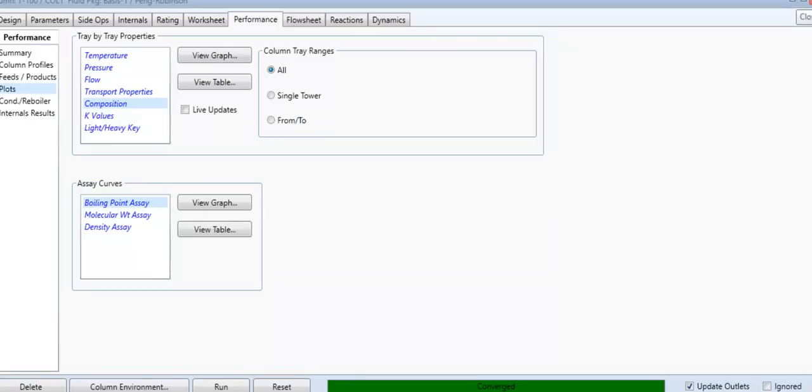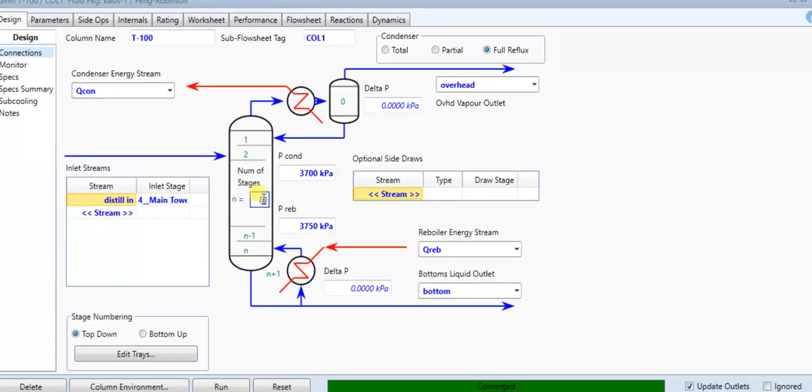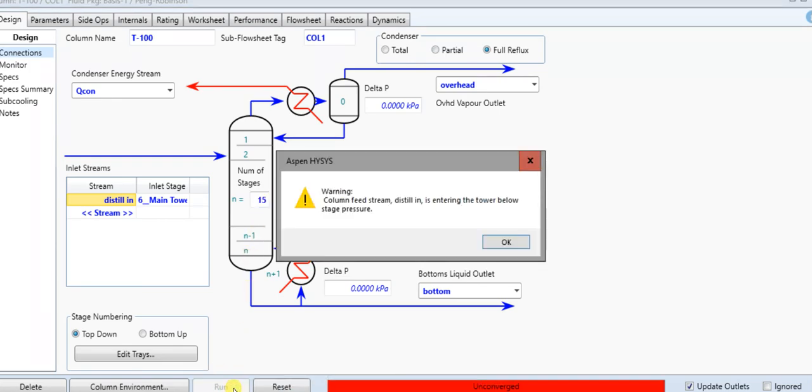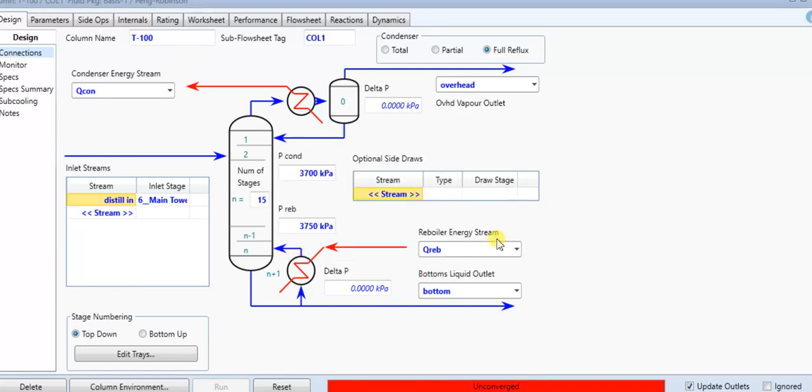Let's see what happens if we increase the number of trays. Let's try 50 and converge. We added too much maybe.